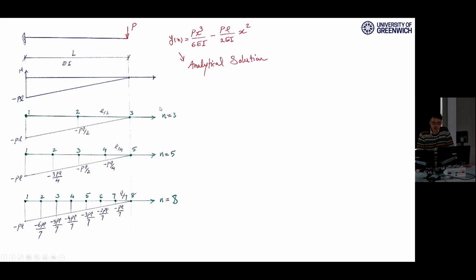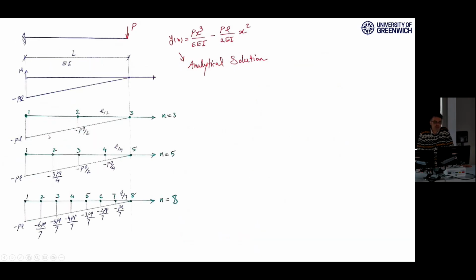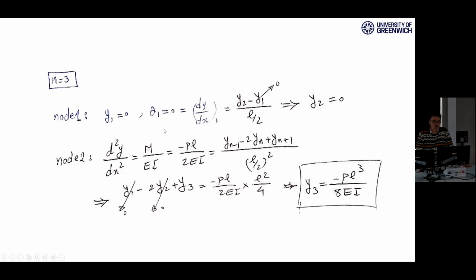So I'm going to use this formula for n equal to 3 and use these 3 data for the different n's, for n equal to 3, right? So for node 1, I would say y1 is 0, theta 1 is 0.